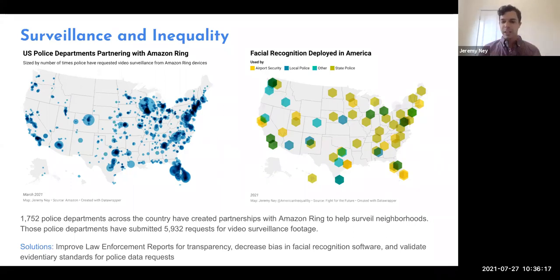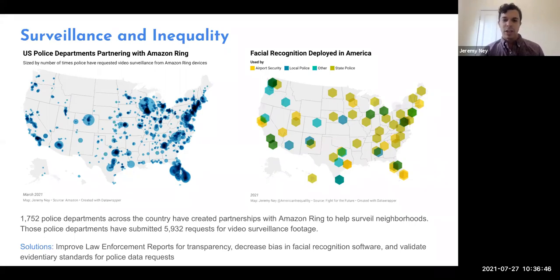So again, this is one of these confounding forces that we see again. And on the right side, we'd be remiss to talk about surveillance and video footage without also talking about facial recognition and some of the challenges we're seeing there. Fight for the Future collects data on where police have, by law, been allowed to use facial recognition in airports, in background checks, in looking up ID photos and things like that.